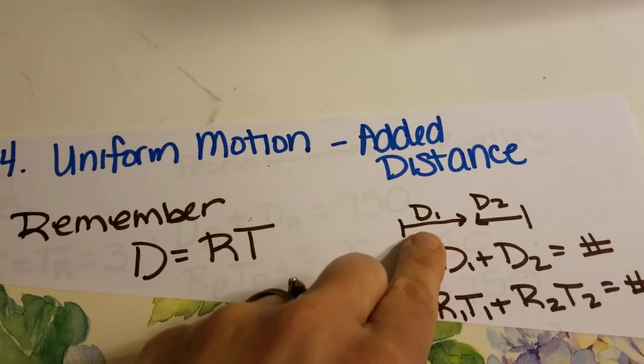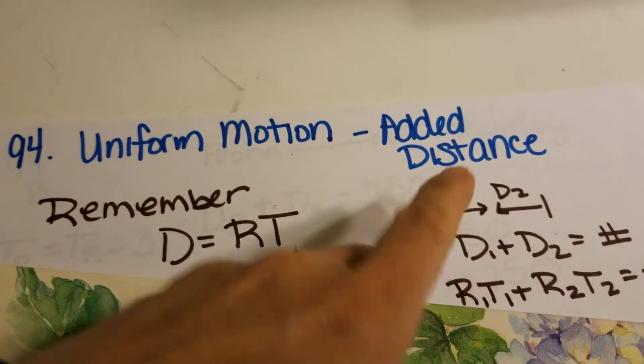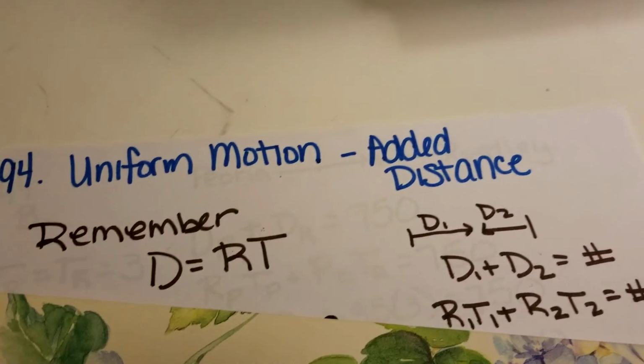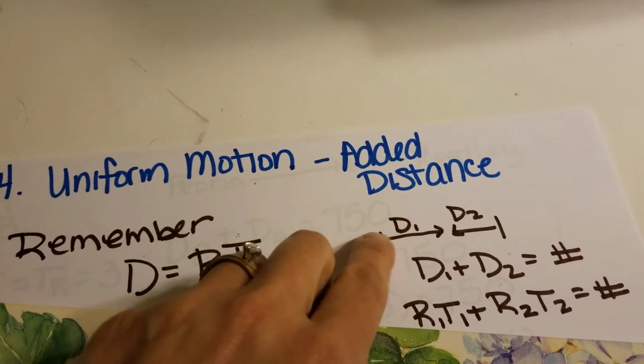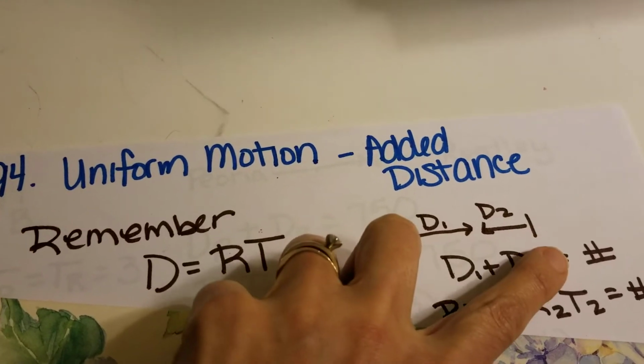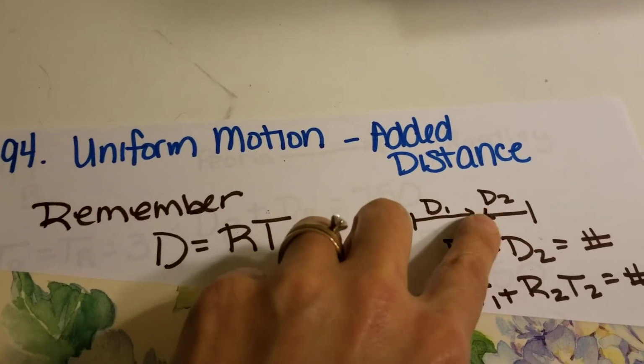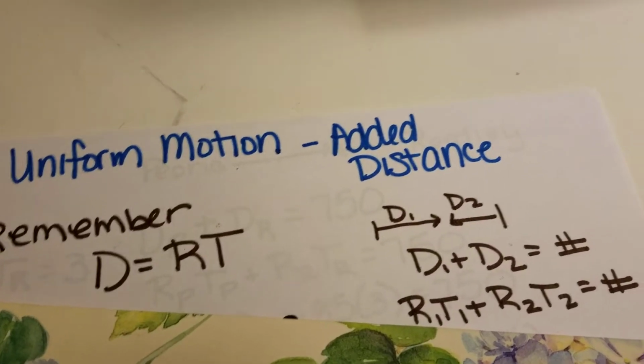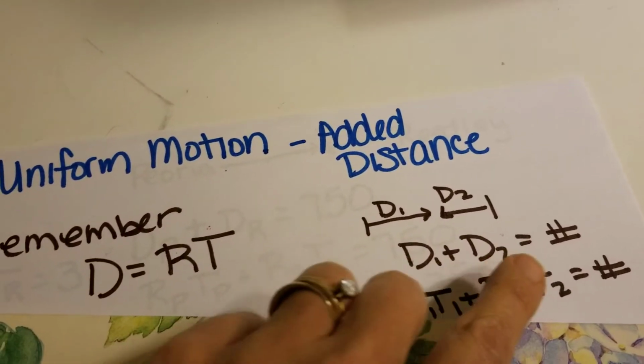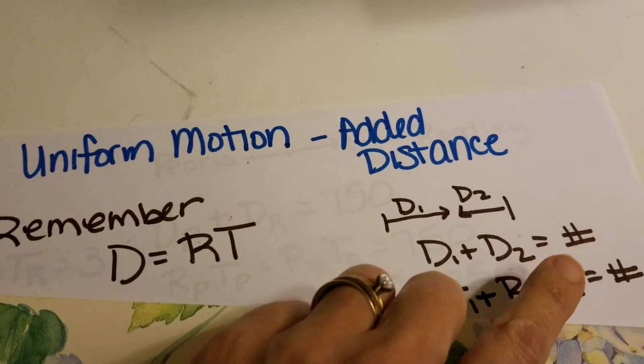If we're adding the distances, this is one example of how we could add a distance: something's starting here and going this way, and something else is starting at the other end and going this way. When will they meet is a question that they might ask. We remember that distance 1 plus distance 2 is equal to a number, whatever it is.